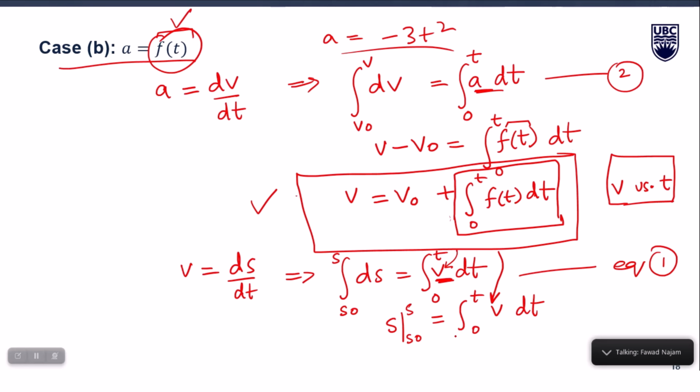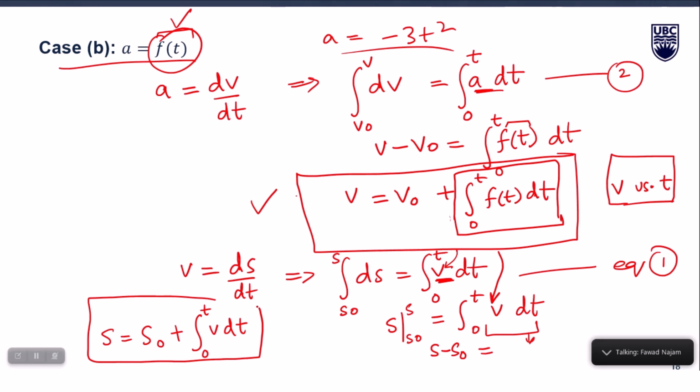So at the bottom it will become s minus s naught is equal to this integration again, right? So finally s will be s naught plus that integration of velocity with respect to time from 0 to t. That which I am encircling now should be your final relationship between s and t, right?